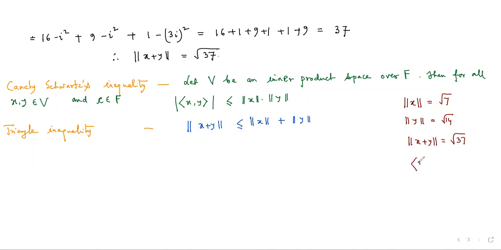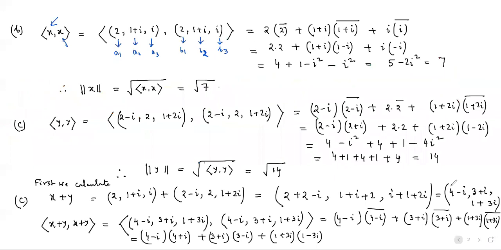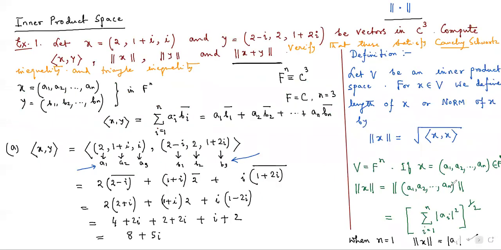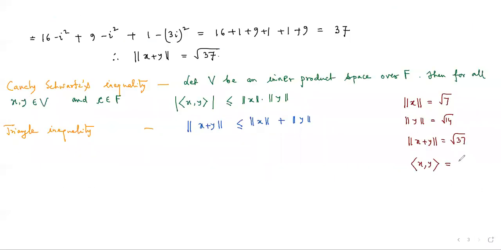And the inner product of x comma y is 8 plus 5i. Now with these values, you just check whether the Cauchy-Schwarz inequality is getting satisfied or not. And what about triangle inequality? Is it satisfied or not? Verify and tell me. You can unmute yourself and say that it is being satisfied.